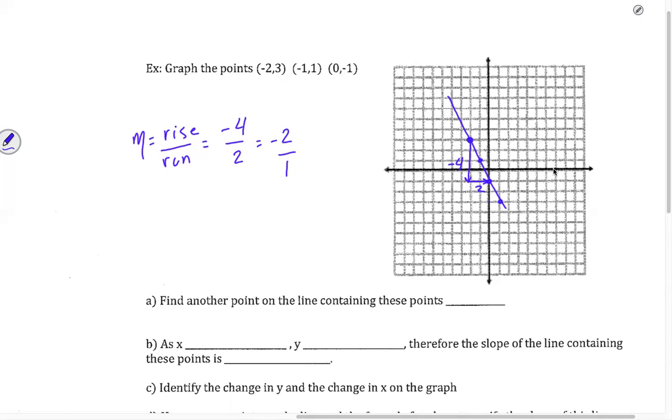Well, that point is (1, -3). So as x goes up or increases, as x gets bigger, y gets smaller, goes down. Therefore, the slope of the line containing these points is negative.